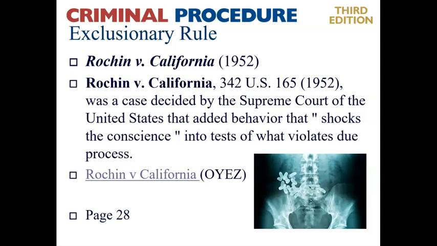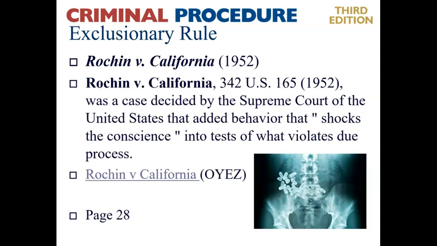As we talk a little bit more, I wanted to talk about the Rochin versus California case. This is a really interesting case, and I'll let you decide whether it was unreasonable.